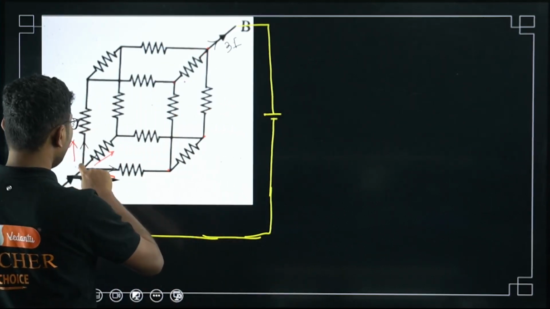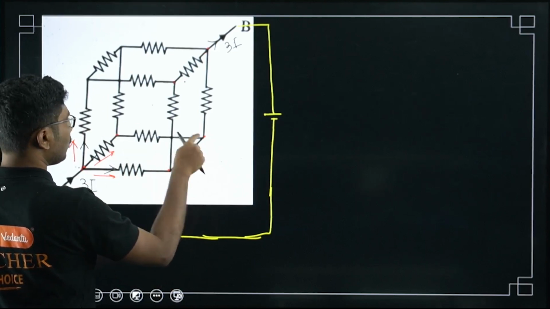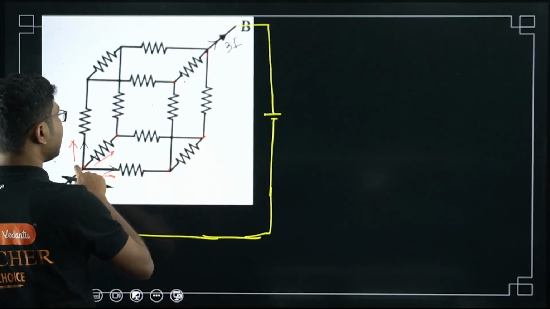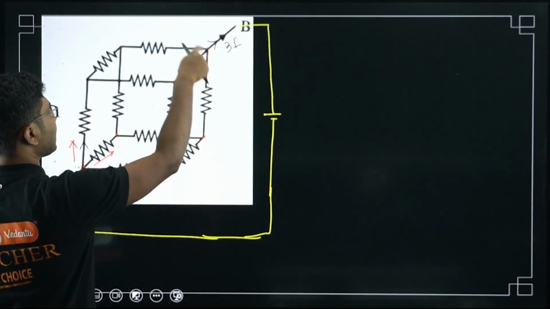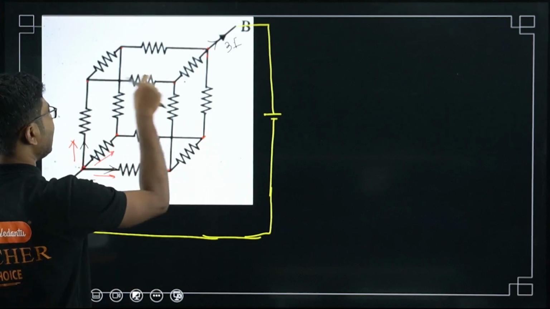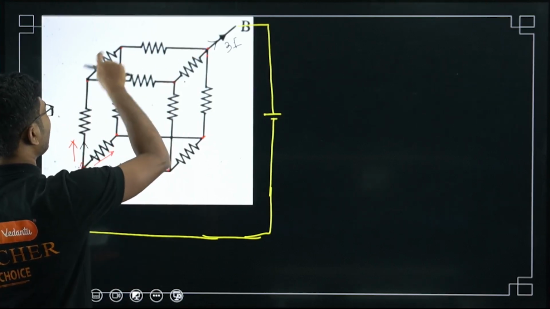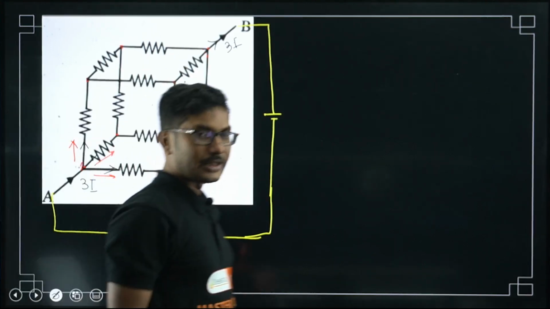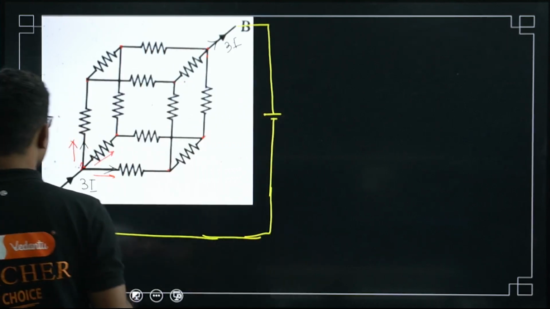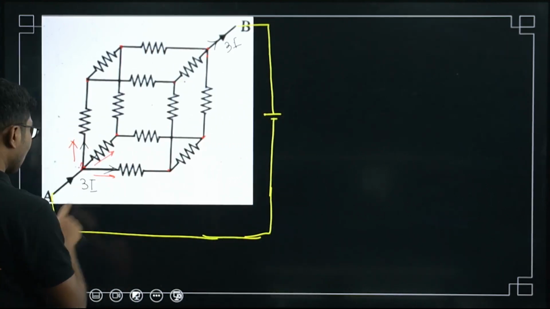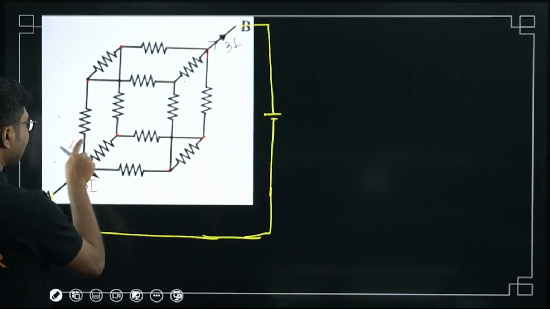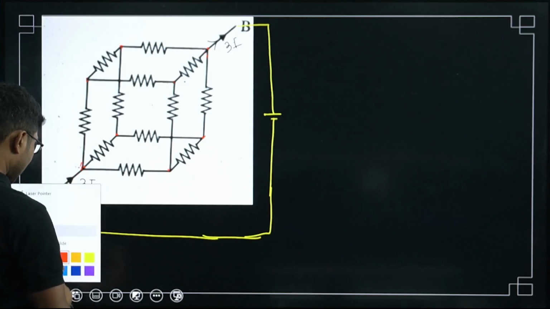Similarly here also 1 resistance, 2 resistance, 3 resistance. It can go from any direction. The minimum path is always 3 resistances. For all the components, 3 resistances is the equal path. That means the current will be divided in equal amounts.